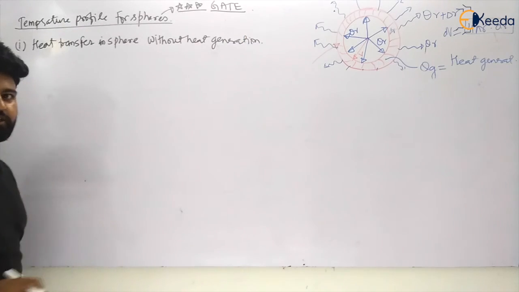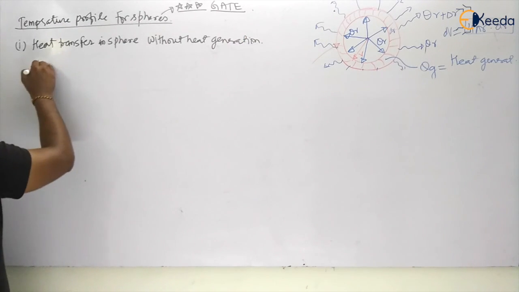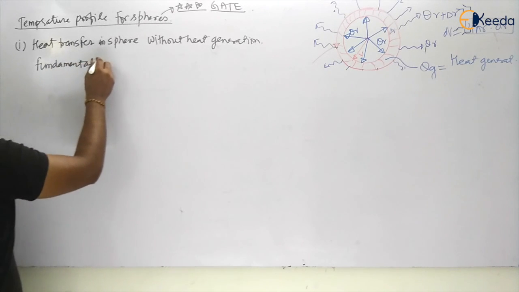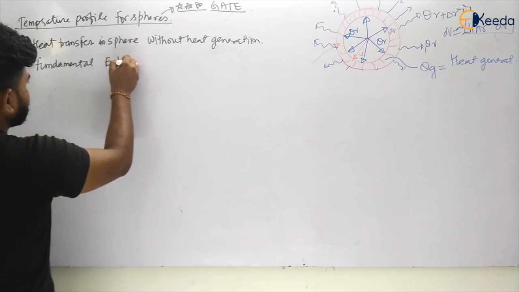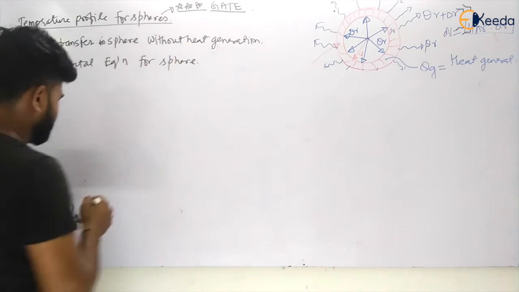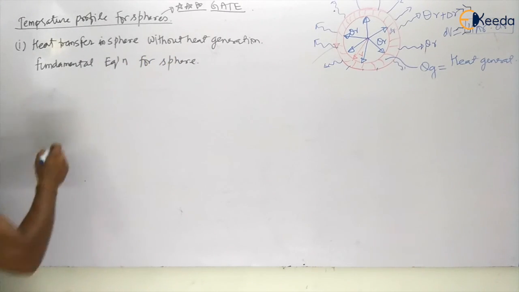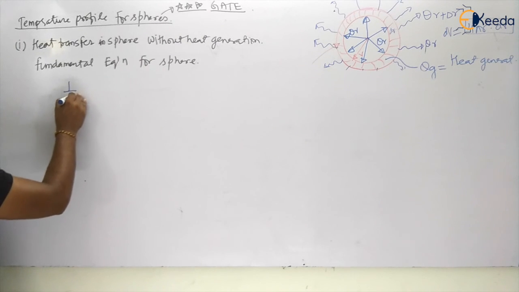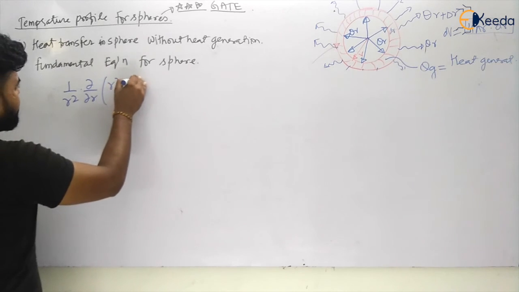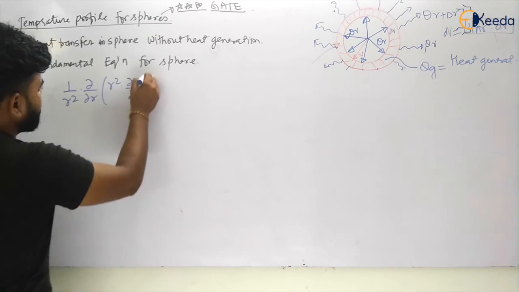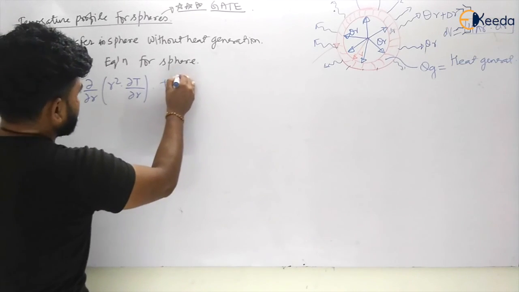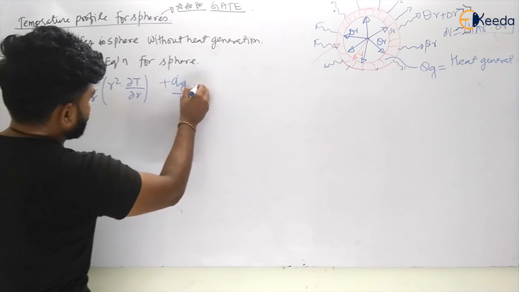Now without heat generation. So let us see what is the fundamental equation for this. Fundamental equation for sphere. I know what is the fundamental equation for sphere. I know now, sir. This is 1 upon r square del by del r into r square dt by dr, sir, is equal to plus qg by k, sir. Q generation by k is equal to 0.